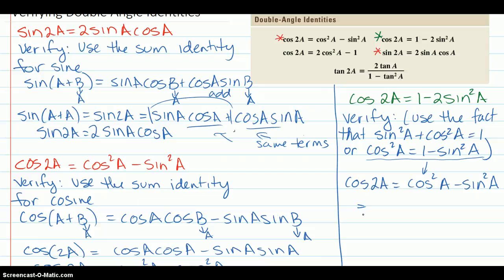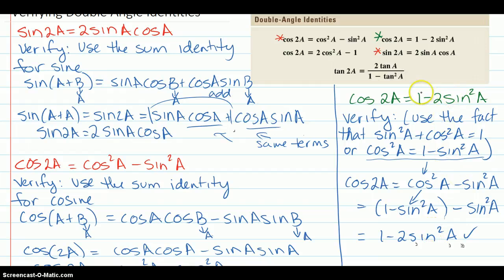So we get 1 minus sine squared of a, minus sine squared of a, which is really 1 minus 2 sine squared of a. That proves it. That is really easy to do, so I usually don't memorize that one. I just do this every time, but it's up to you.